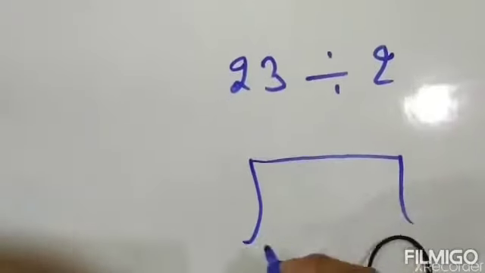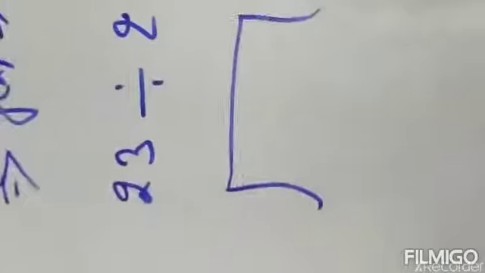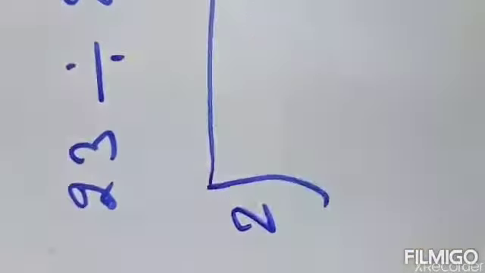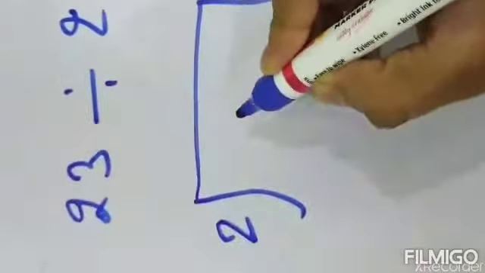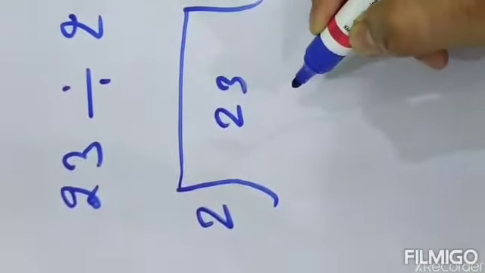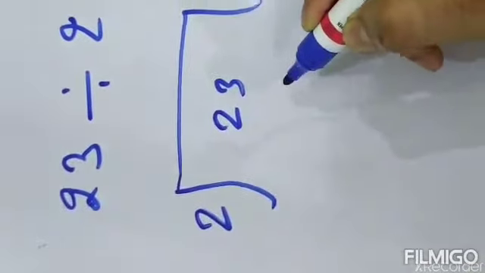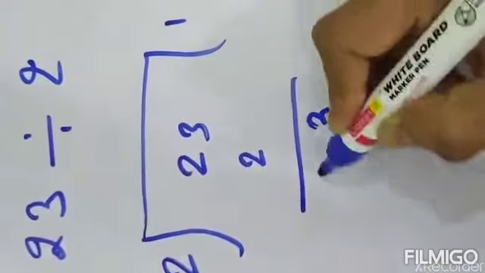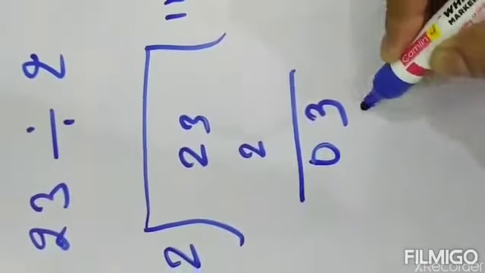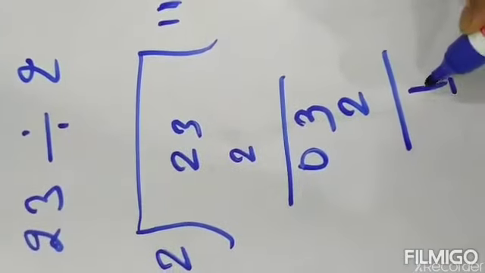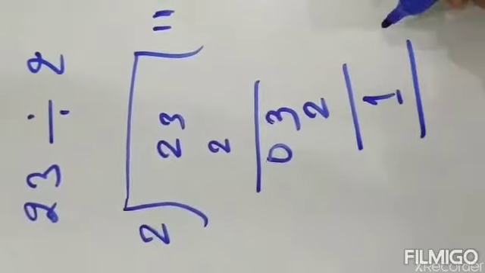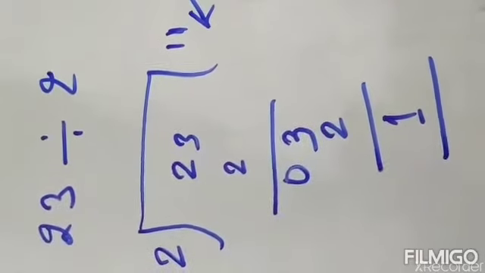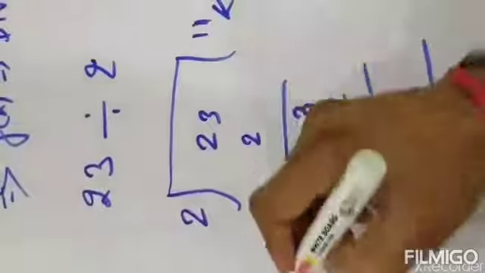All of you know. 2 goes into 23 one time, then 3 remains, again one time, and we get 1. So 11 is the quotient.